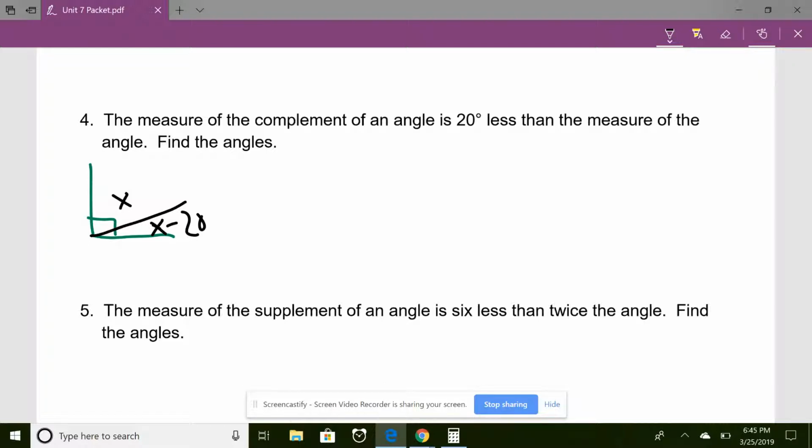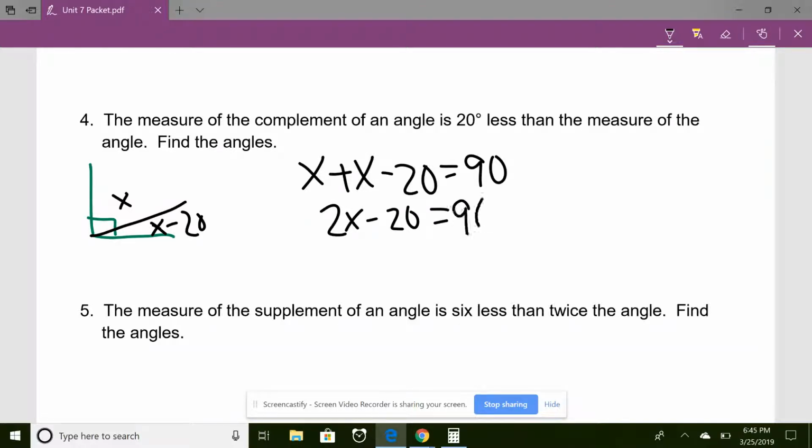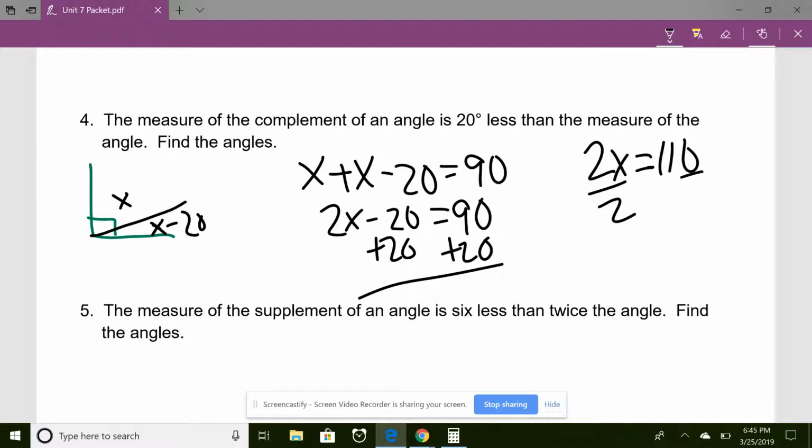Complementary angles add up to 90 degrees. So we have x plus x minus 20 is 90 degrees. Solve for x. So you get 2x is 110. Divide both sides by 2.